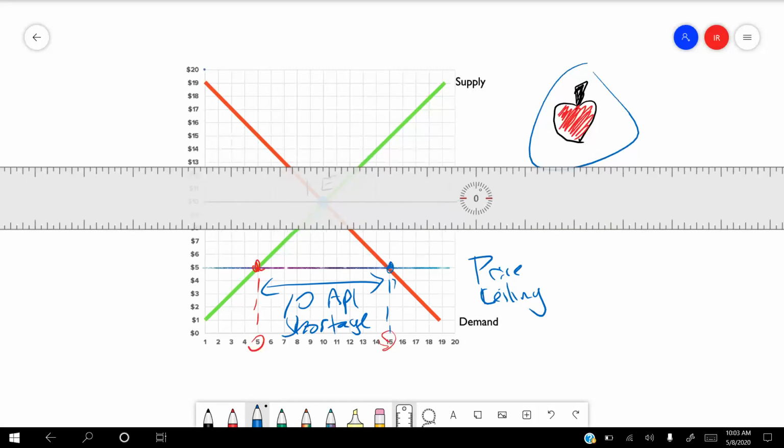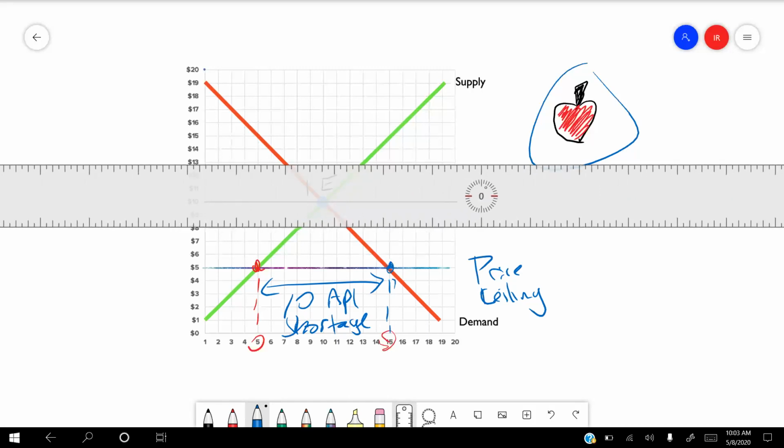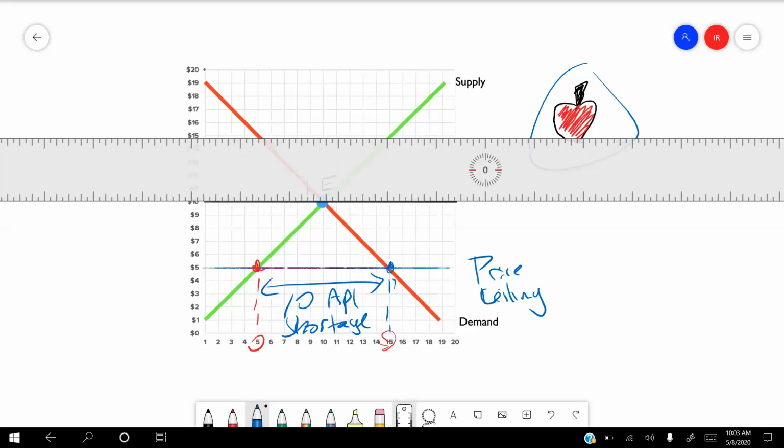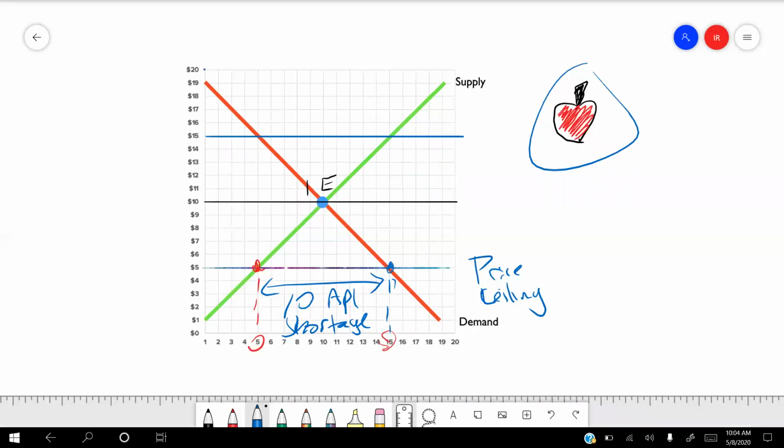In this case, for example, we set the price at $15. This doesn't make much sense because it's too high for an apple, but we'll do it anyway, just for example.